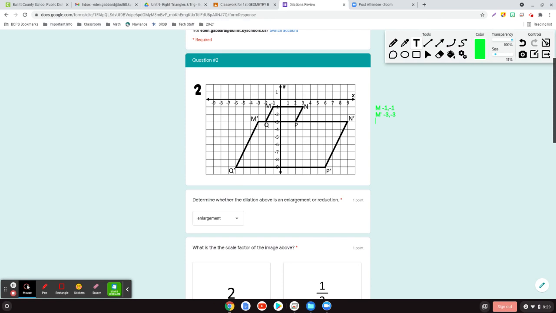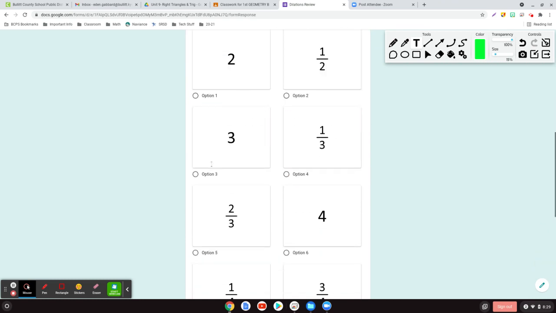So on here, we are enlarging. So with an enlargement, we multiply. So what do we multiply -1 by to get -3? Well, it's 3. So we click option 3 here for 3.